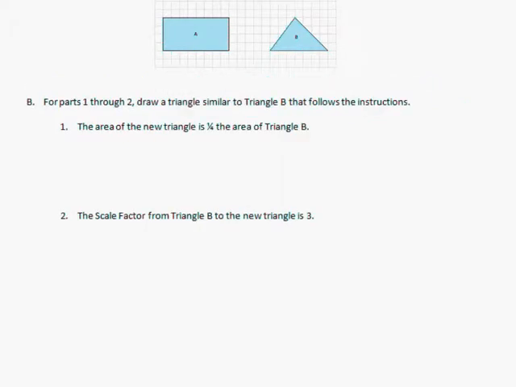B, for parts 1 through 2, draw a triangle similar to triangle B that follows the instructions. Well, we ended up having to count this. 1, 2, 3, 4, 5, 6, 7 wide. 1, 2, 3, 4 tall. The area of the new triangle is 1/4 the area of triangle B. So if I draw this, I'm going to cut it into 4 triangles.